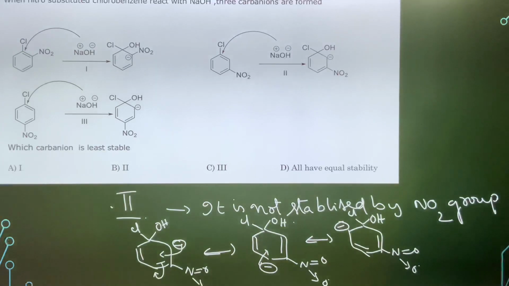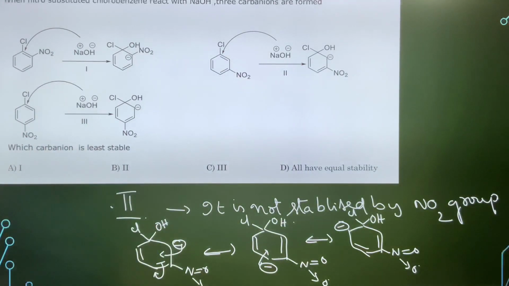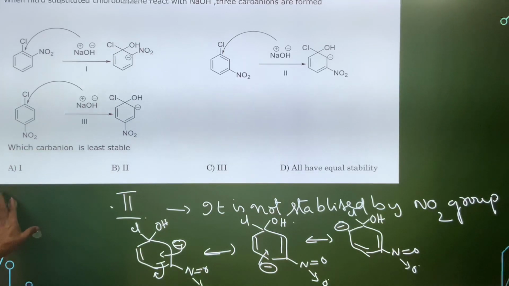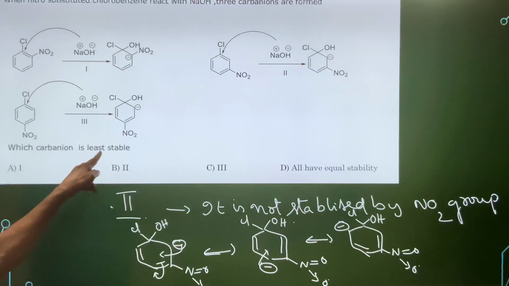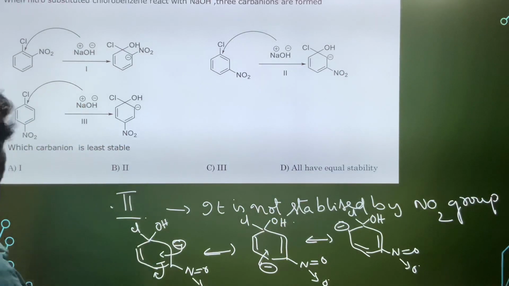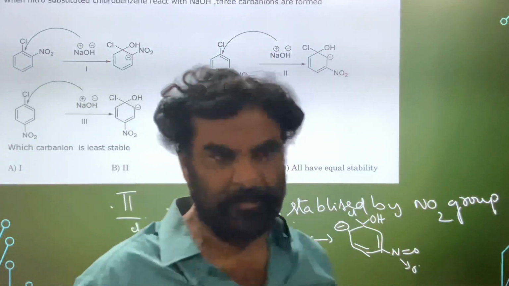The next one. When nitro substituted chlorobenzene reacts with sodium hydroxide, 3 carbanions are formed, and which is least stable? The carbanion is stabilized by the nitro group.